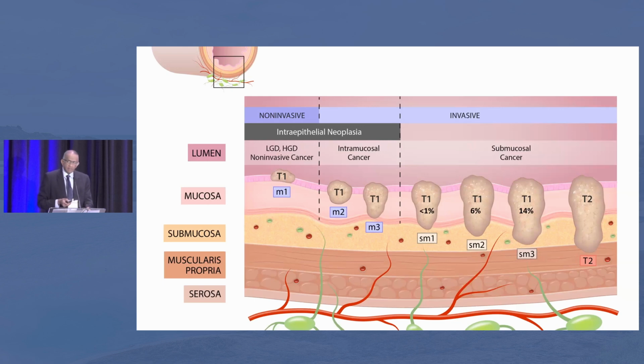As you can see, there are four compartments in the colon wall: the mucosal compartment, submucosal compartment, muscular compartment, and the serosal compartment.